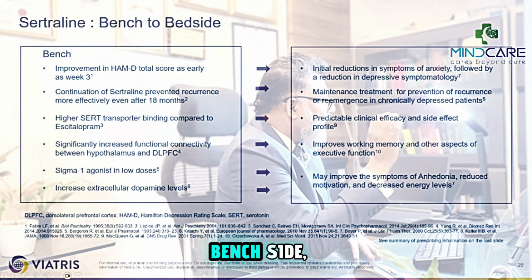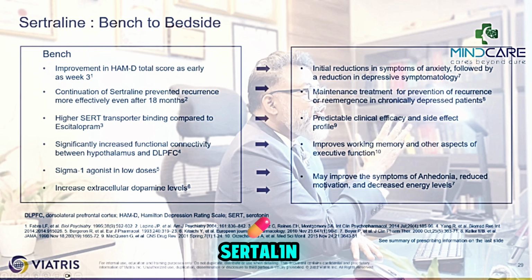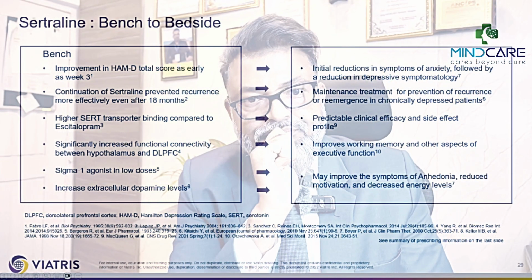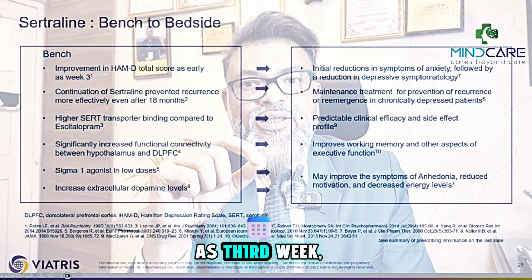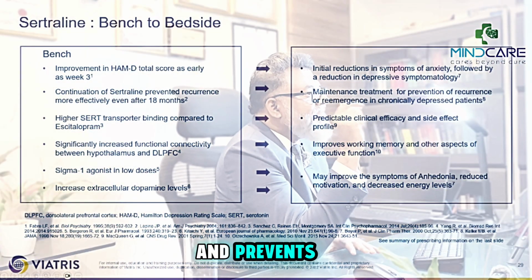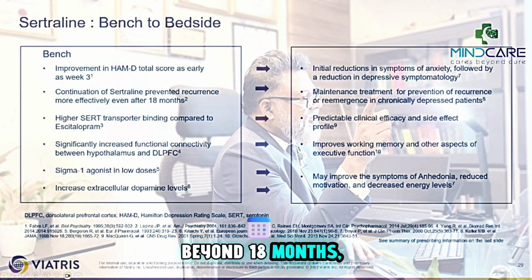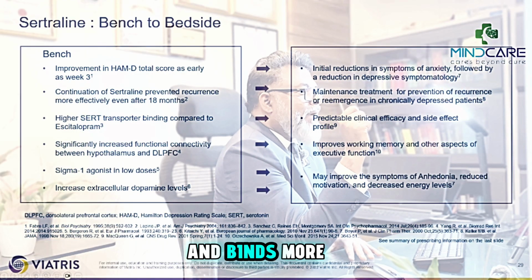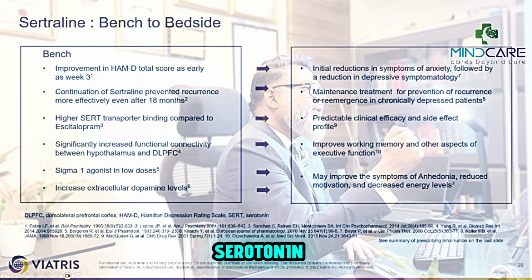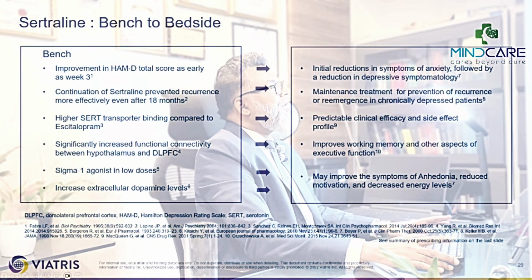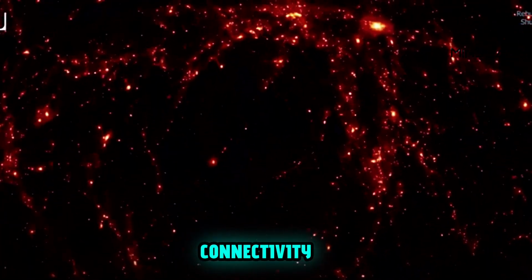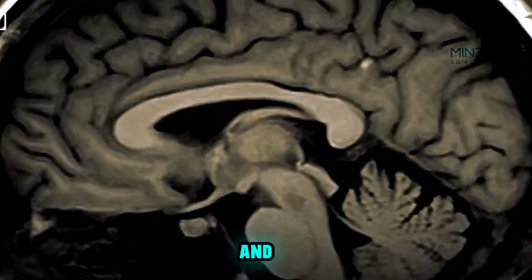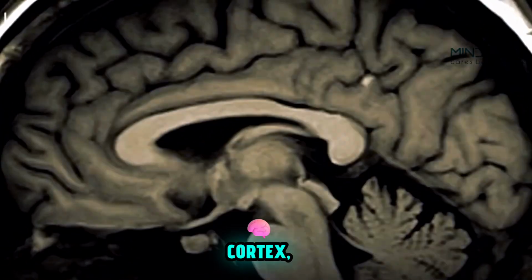On the bench side, sertraline shows improvement in HAMD, Hamilton Depression Scale scores, as early as the third week, and prevents recurrence beyond 18 months. It binds more strongly to the serotonin transporter compared to escitalopram, and it also enhances functional connectivity between the hypothalamus and dorsolateral prefrontal cortex.